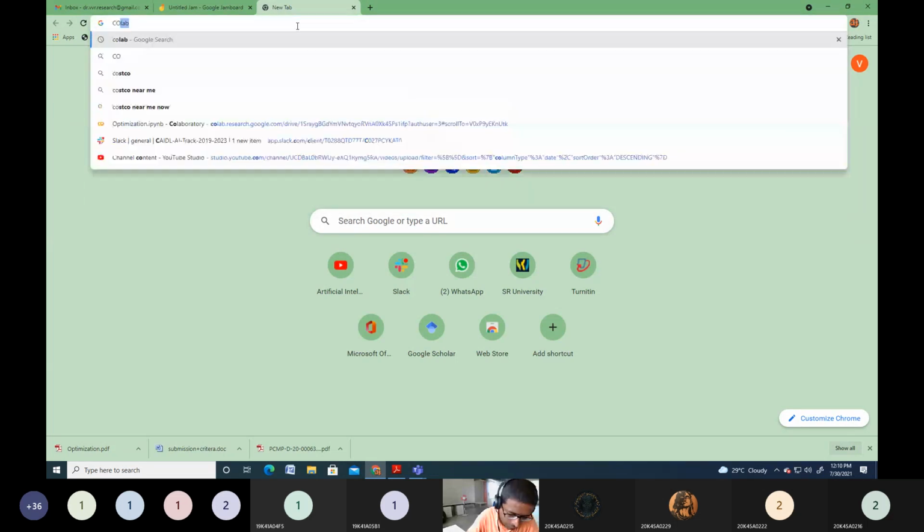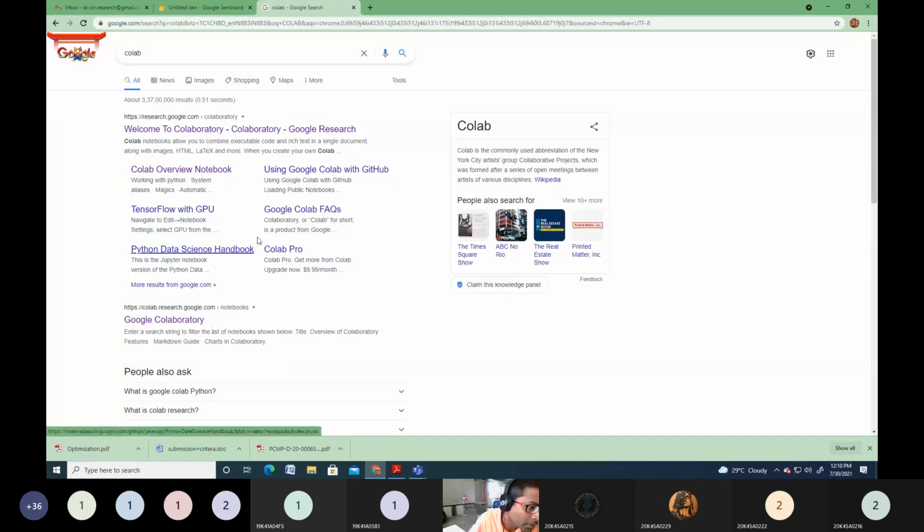So you can type Colab in the Google search.